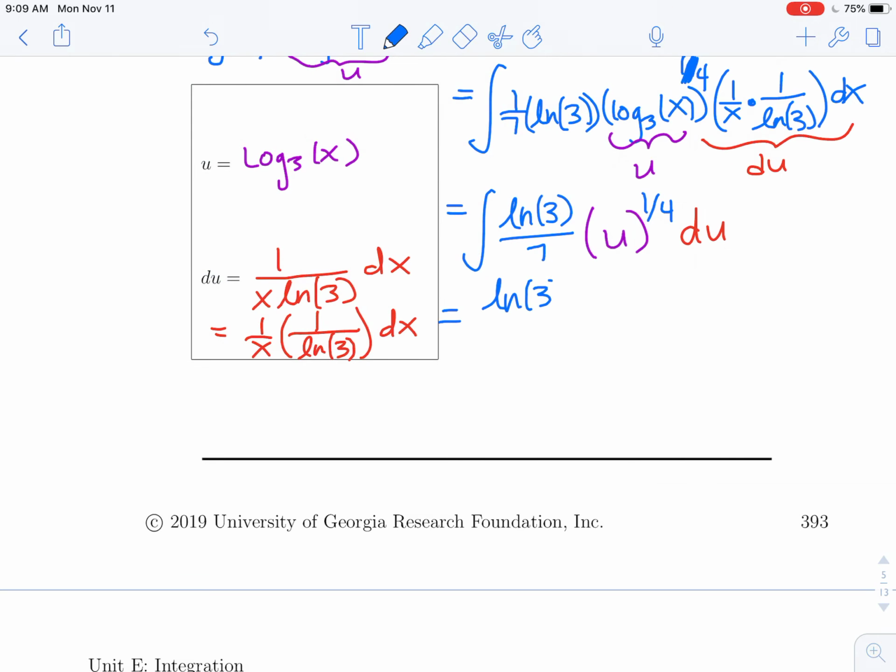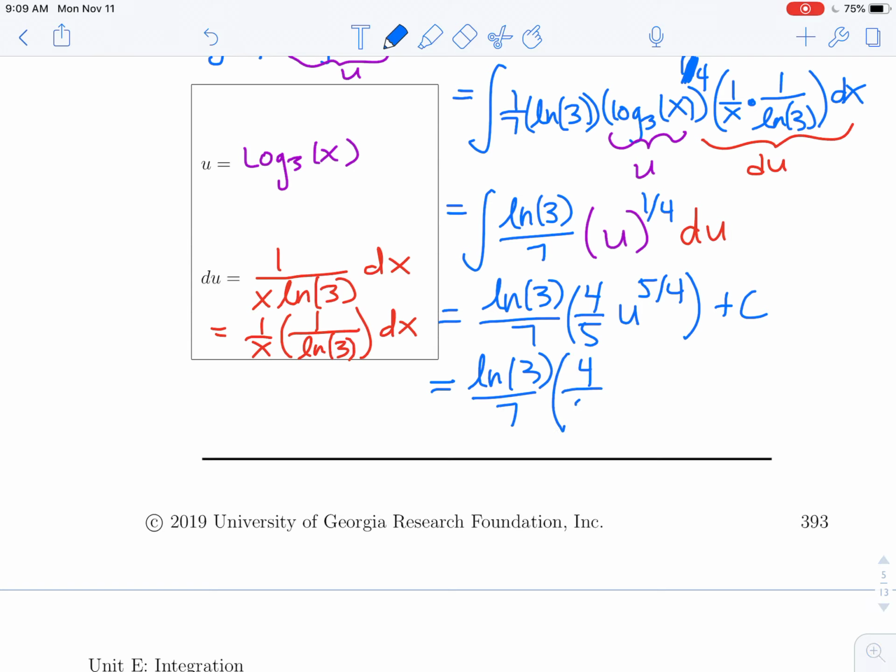Let's ignore the natural log of 3 over 7, but just remember to write it down. And then u to the 5/4, and then I need a 4/5 out front, plus c. So we've got natural log of 3 over 7 times 4/5 times log base 3 of x raised to the 5/4 power, and then plus c.